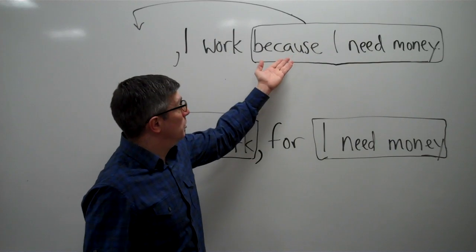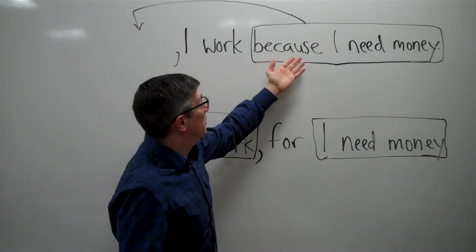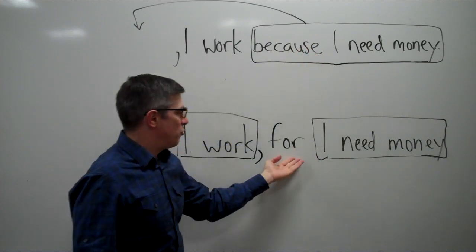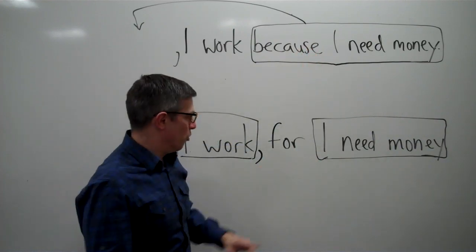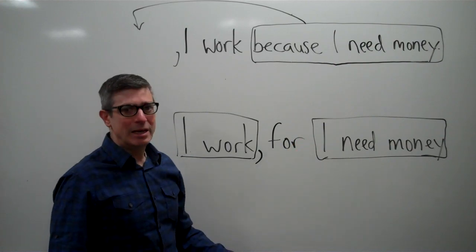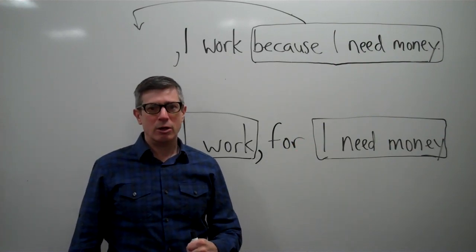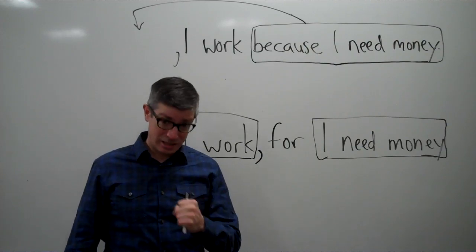And that tells you, among other things, or that demonstrates to you, that this is a subordinate clause. But if you try to do that with these words here, for I need money, you would get, for I need money, I work, which is utterly nonsensical.